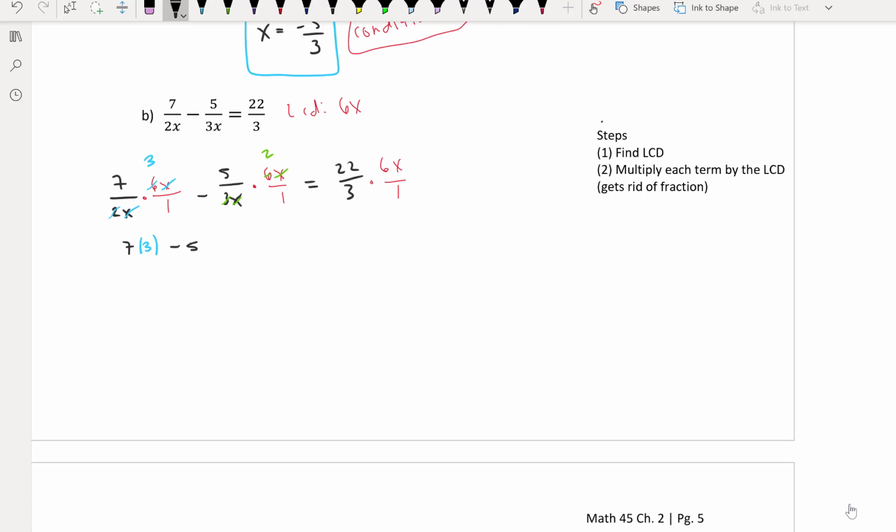So you have 5 that's being multiplied by 2. And over here, 3 goes into 6 twice, and you still have the x there. So you're going to have 22, and this is going to be multiplied by my 2x.